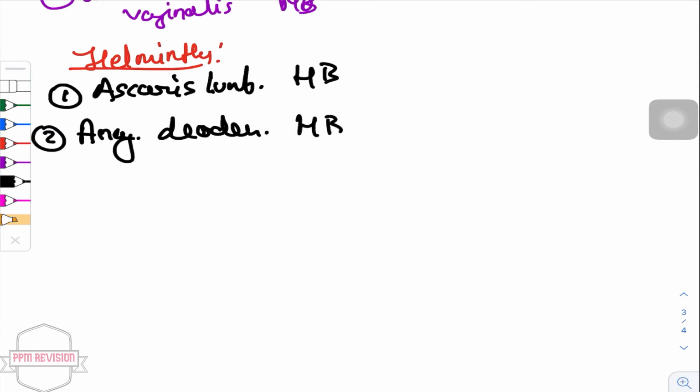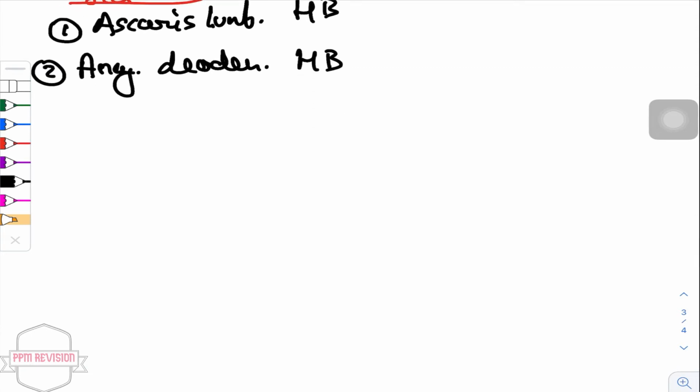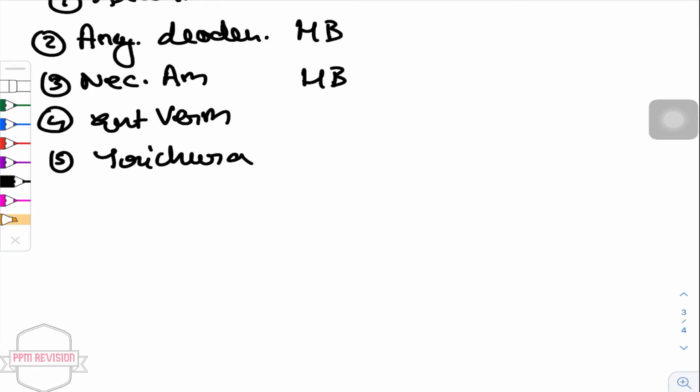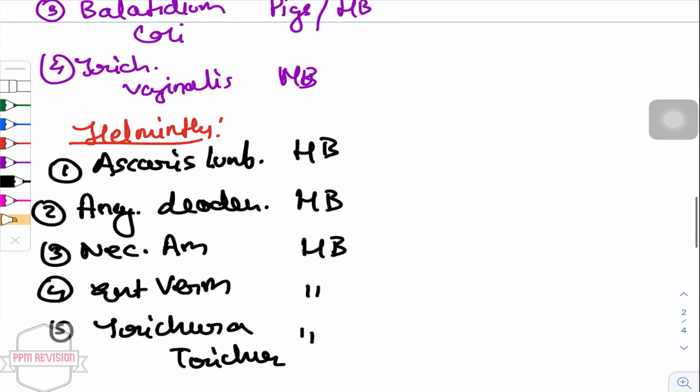It is also in human beings. Next one, Necator americanus. It is also in human beings. And Enterobius vermicularis, human beings. And fifth one, Trichuris trichiura, also in human beings. So all of these are in human beings.